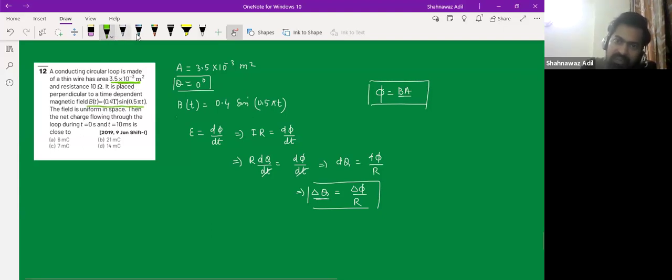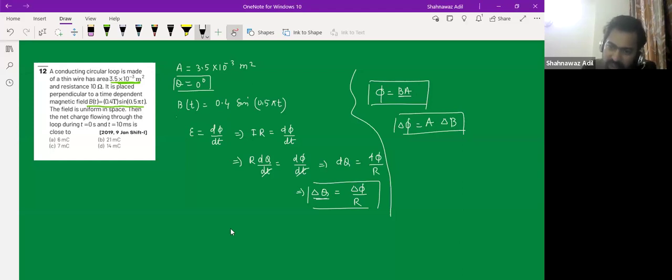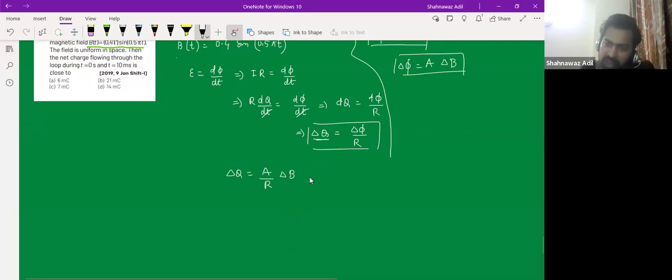So then delta phi would be simply, area is fixed, so only delta B. So this net charge would be A by R and delta of B. We have to find out only the change in magnetic field.